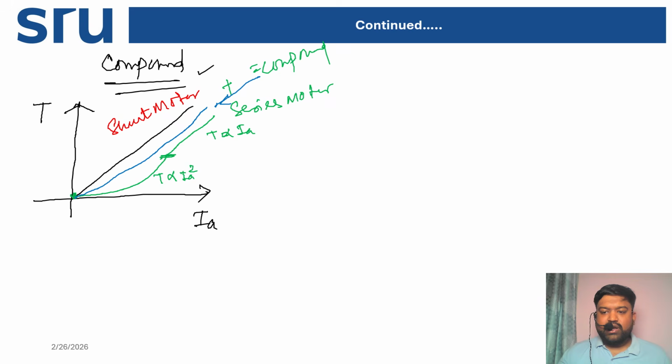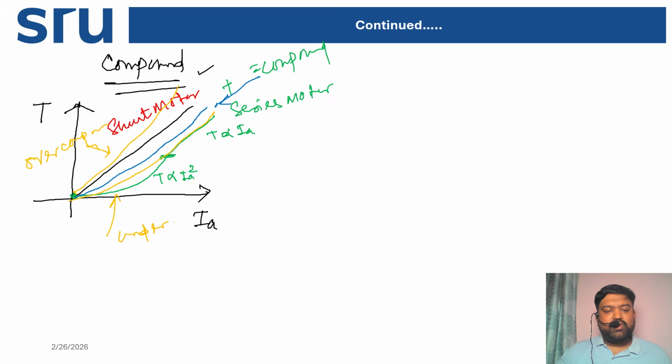If this is your compound, then we can also plot the over compound. Over compound is like this, and under compound is in between. This is your over compound, and this is your under compound. Similarly, others we can also draw. This is your torque versus current.